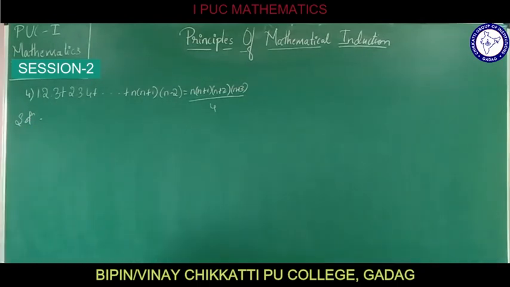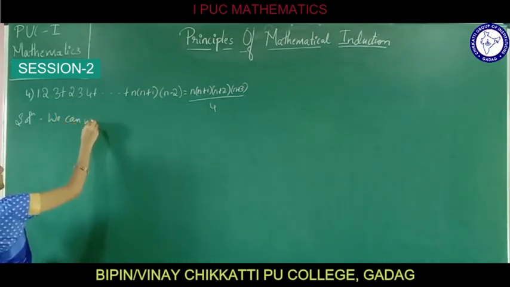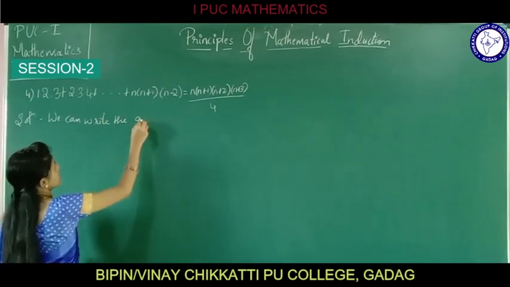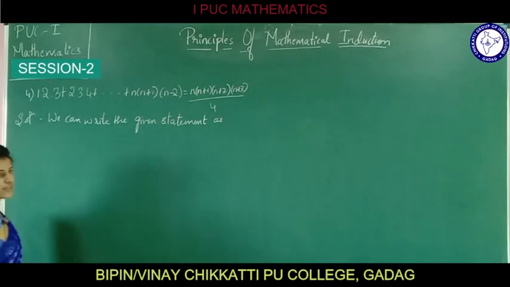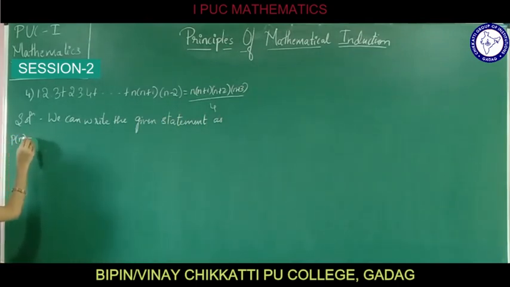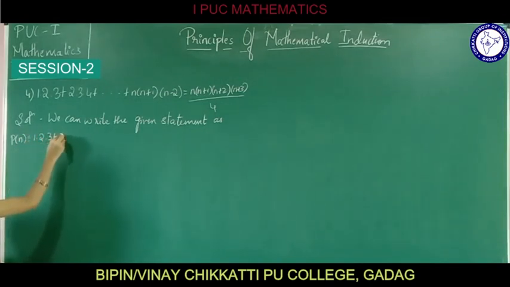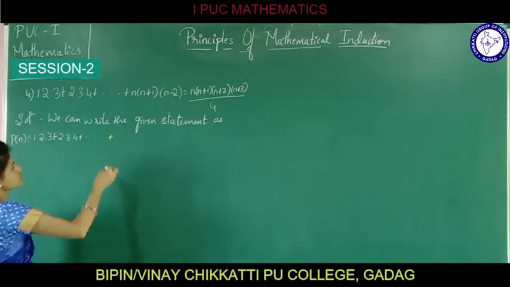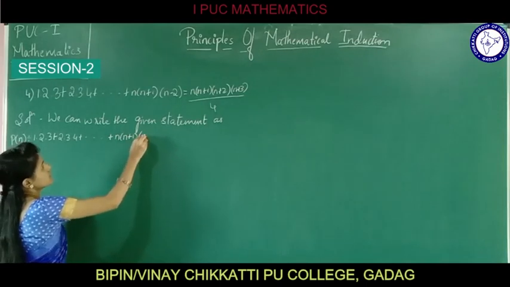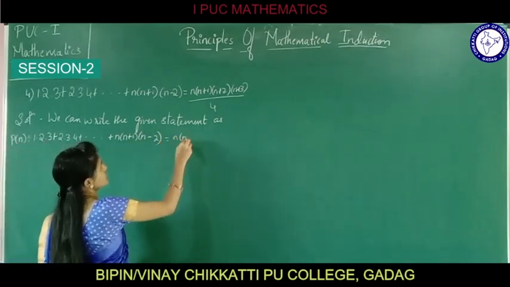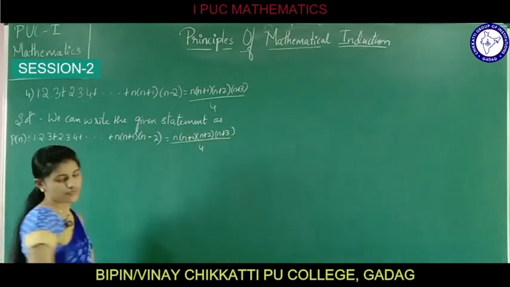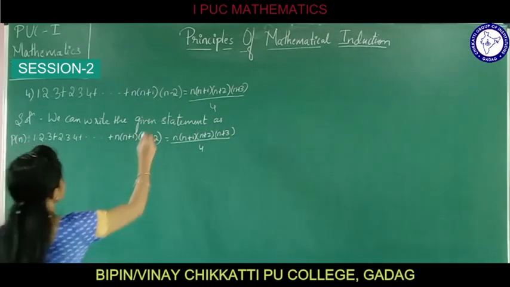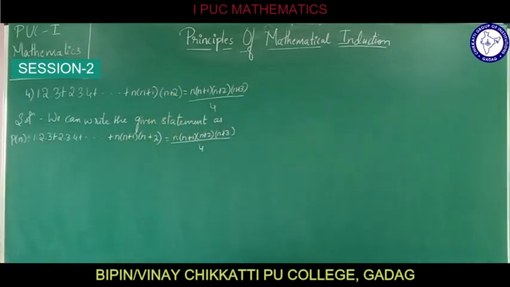We can write the given statement as P of n: 1 into 2 into 3 plus 2 into 3 into 4 plus so on up to n into n plus 1 into n plus 2, is equal to n into n plus 1, n plus 2, n plus 3 divided by 4.